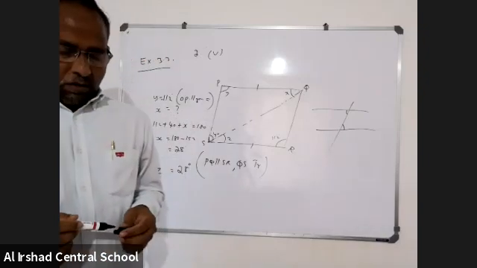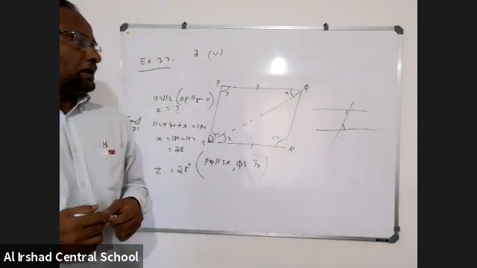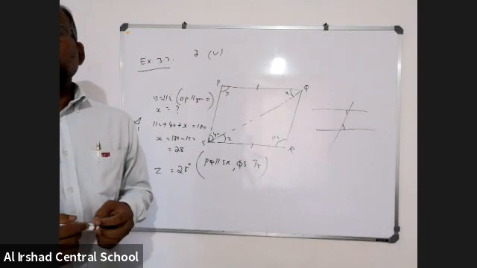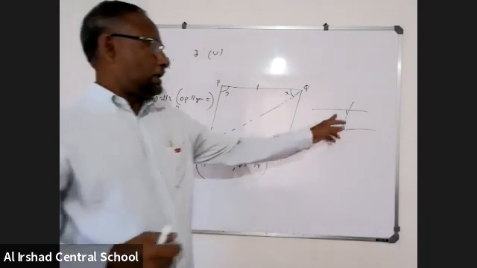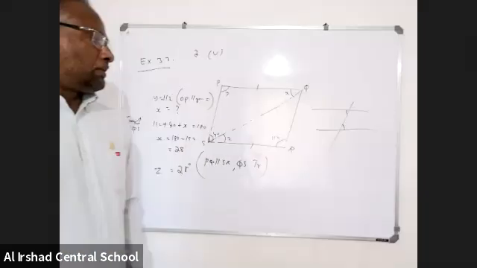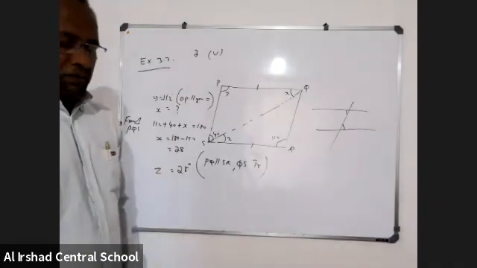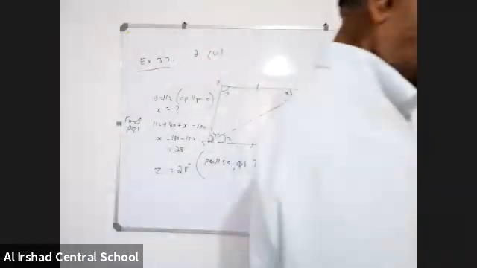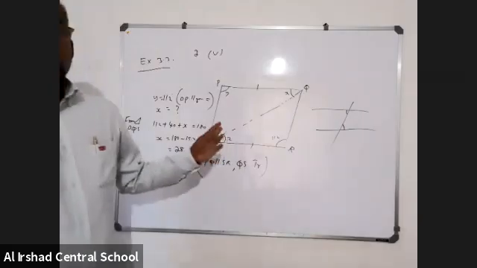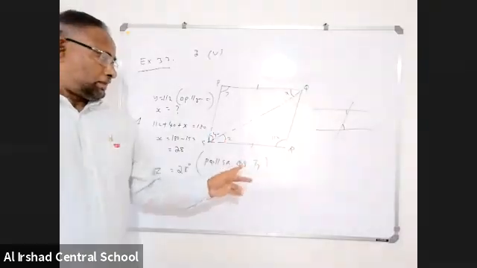Angles on the same side of a transversal are supplementary. Co-interior angles are supplementary. Three conditions I told you yesterday to refer to. Understood? Yes. 28. Now next question.